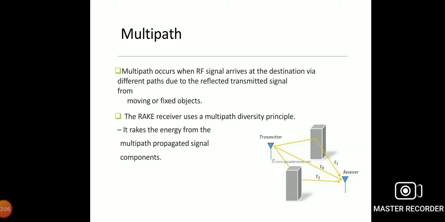For example, if n number of correlators are used for detecting the multipath components, this is one of the multipath component receivers. It obtains an accurate estimation of the transmitted signal as a whole rather than from a single component.